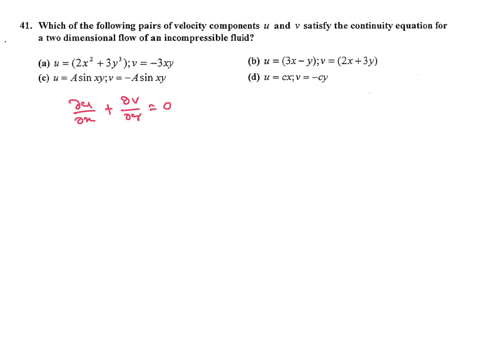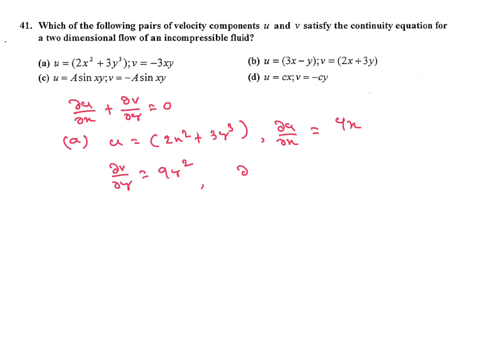A we will check. Del u by del x, u is 2x square plus 3y cube, so it's 4x. Then del v by del y, it's 9y square. So from here del u by del x plus del v by del y is not equal to 0, or 4x plus 9y square is not equal to 0.